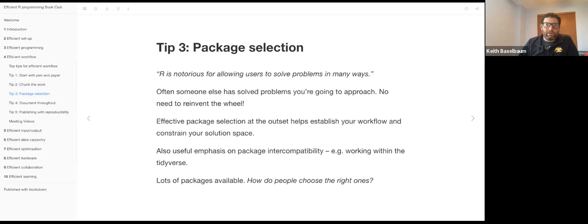They talked a lot about different ways that we can go about finding packages. This is something I found a little unsatisfying in the chapter, because it made me even less confident in my ability to find the right packages. They're like, look, here's 12 different ways to do it, and they found 12 different answers to their question of what the right package is.